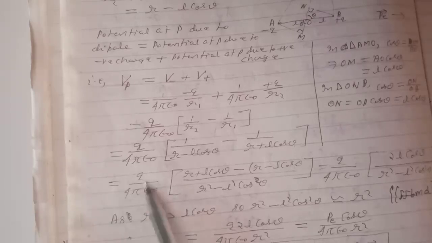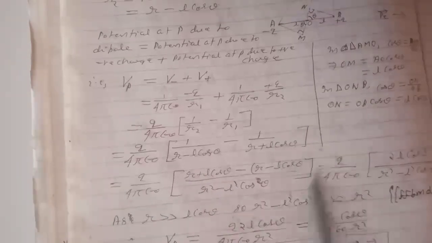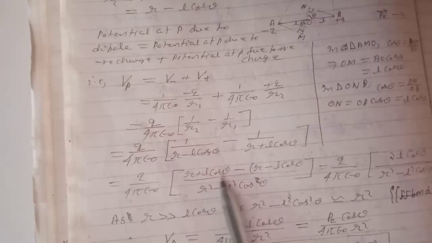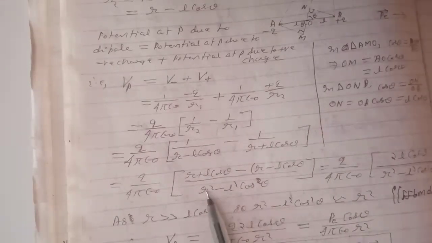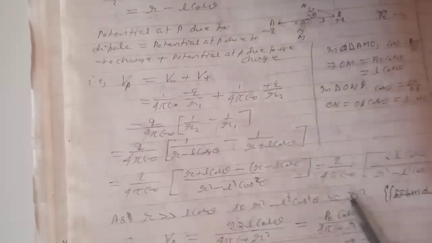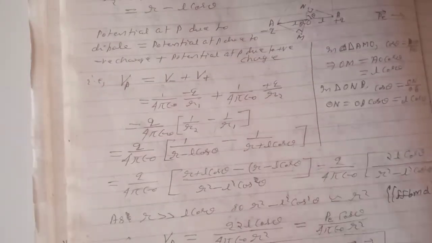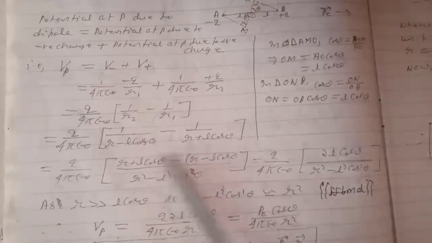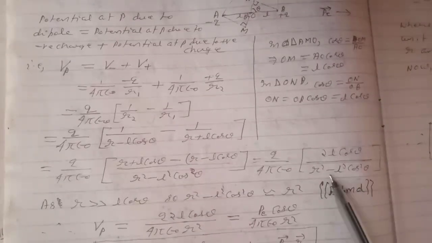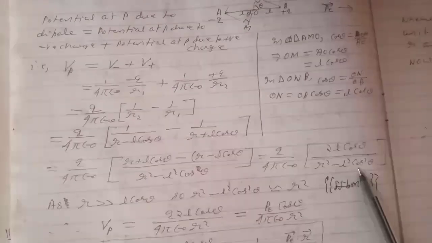So it equals q by 4 pi epsilon naught times the bracket (r plus l cos theta) minus (r minus l cos theta), divided by r square minus l square cos square theta, which is q by 4 pi epsilon naught times 2l cos theta by (r square minus l square cos square theta).